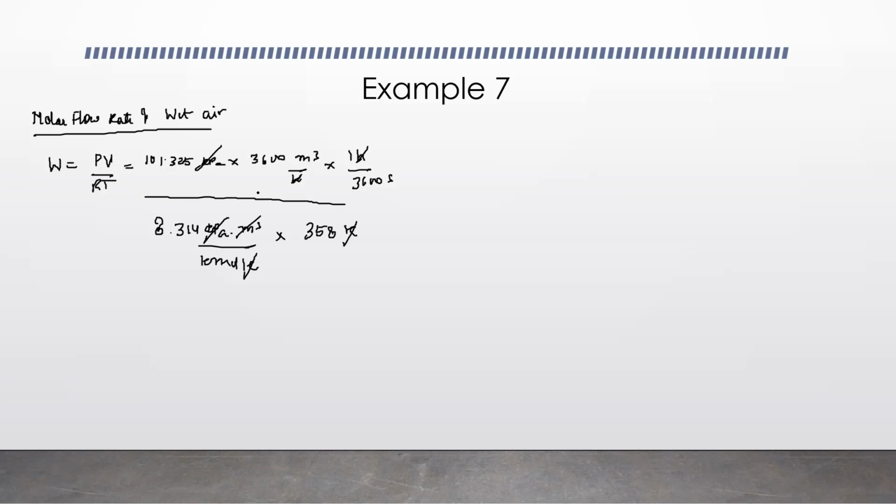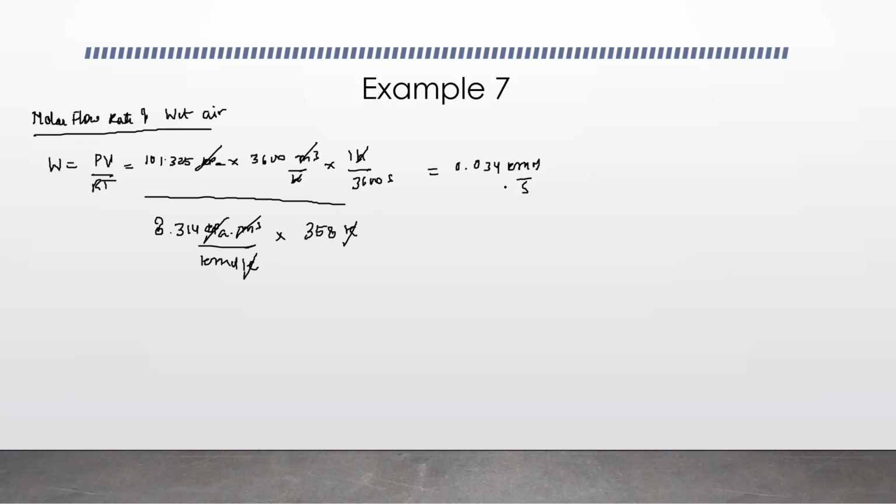Hence whatever we get would be in kilomole per second. So this is equal to 0.034 kilomole per second. This is W.